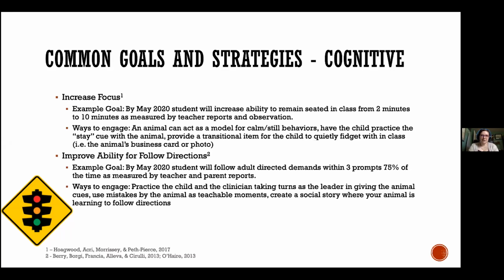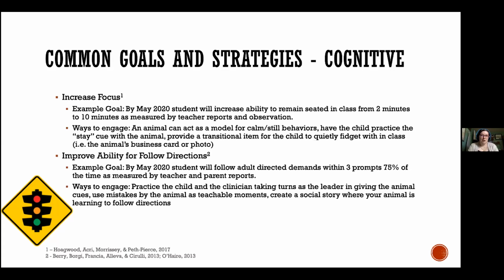So as far as following directions, I really like playing games with the children that the animal can potentially participate in. So Mother May I, red light, green light, other games where the clinician might be the leader, but the child could also be the leader.